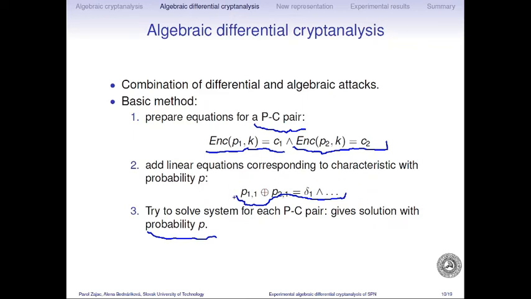Thus we repeat this many times until the system is solved. And the method is successful if this repetition is less costly than computing the key from just a single pair without this extra information.